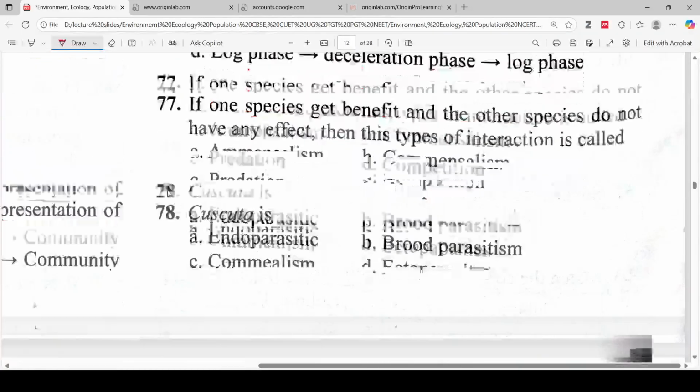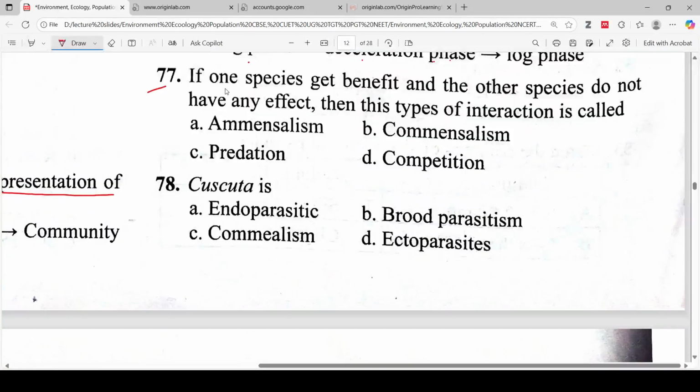Next question. If one species gets benefit and the other species does not have any effect, then this type of interaction is called: amensalism, commensalism, predation, competition. Predation and competition are not the correct answer, so you have to choose between amensalism and commensalism. The correct answer will be option B, commensalism.